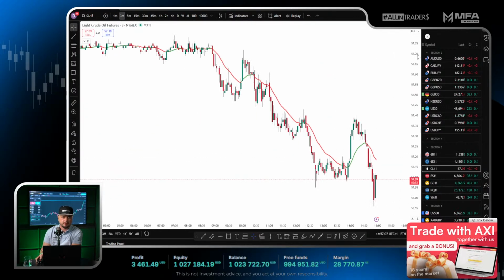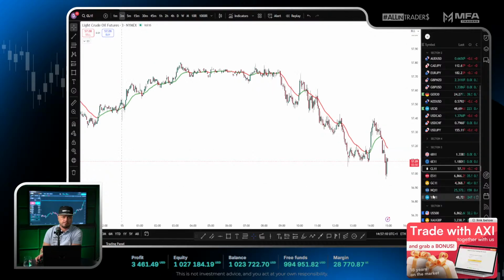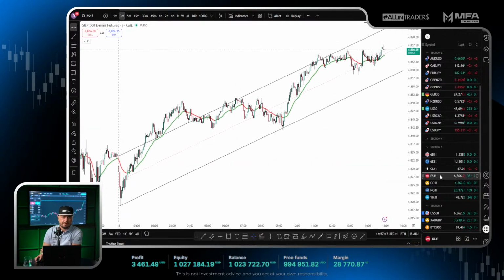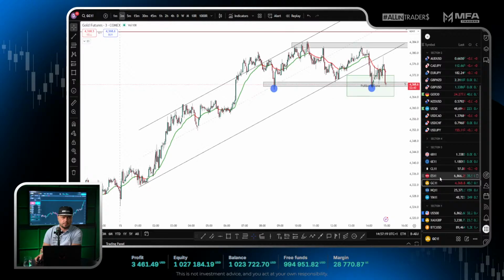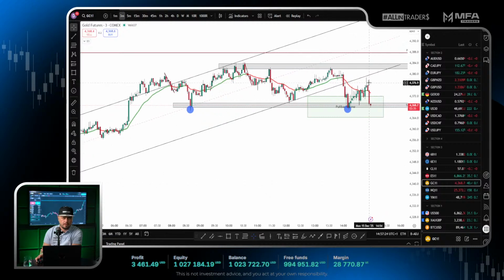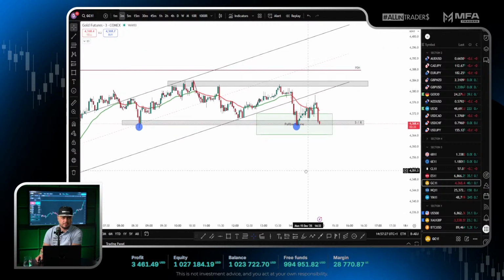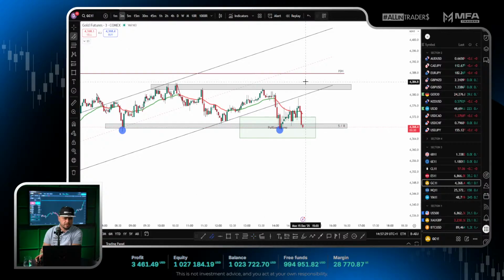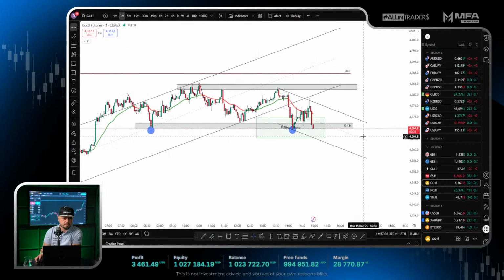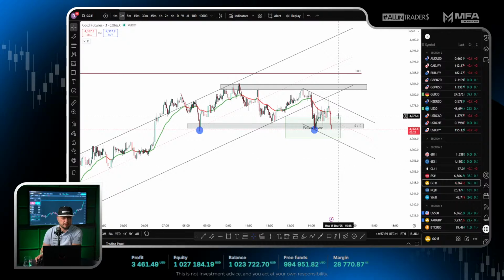GBP, crude oil. Crude oil dropped, so it's okay. GBP, sorry, gold. We got retest of rotation channel, so we might have a change of direction. We can try to find some kind of hidden rotation channel, but it might be a little bit tight for this one.